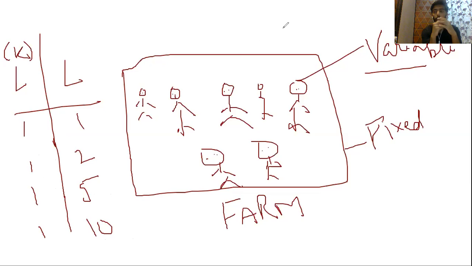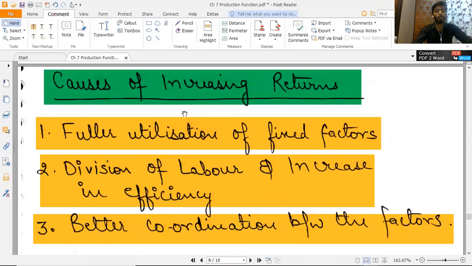So this is in the first stage: with the increase in every variable factor, your productivity increases, and this is why it is known as increasing returns.